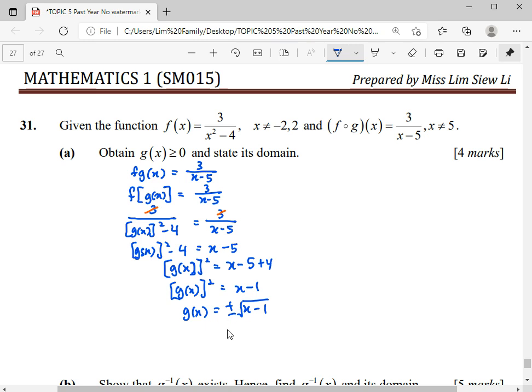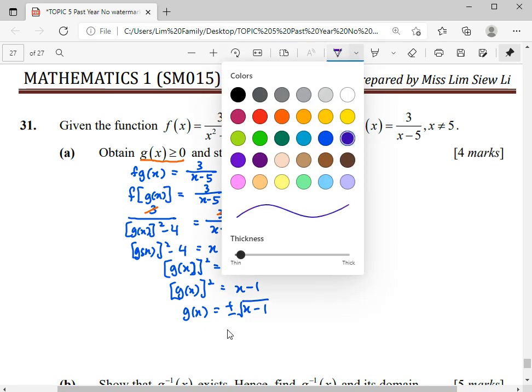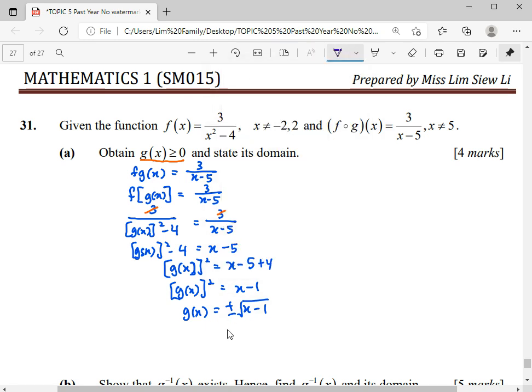But the question says that our g(x) function is always positive. Therefore we can conclude that g(x) is a positive surd function.